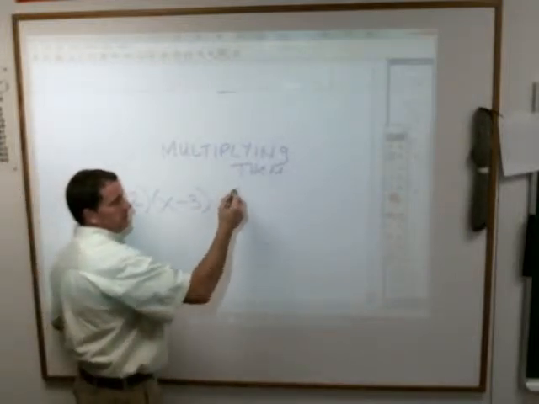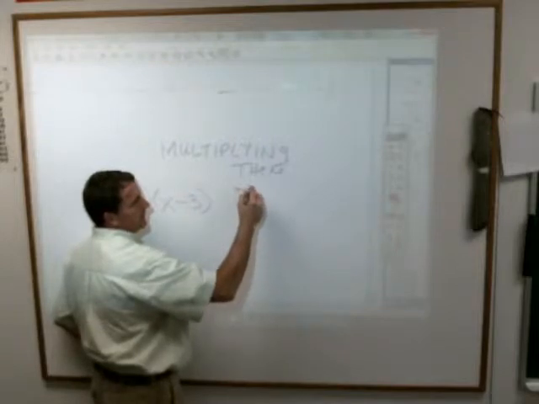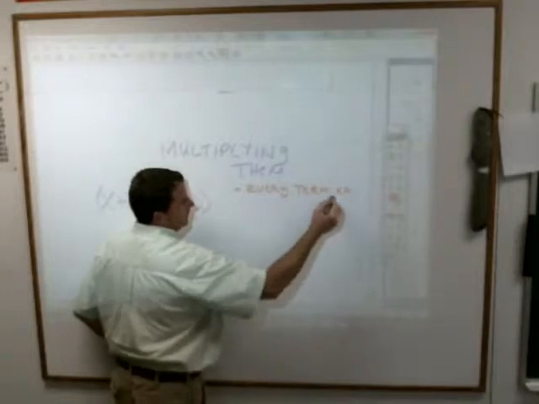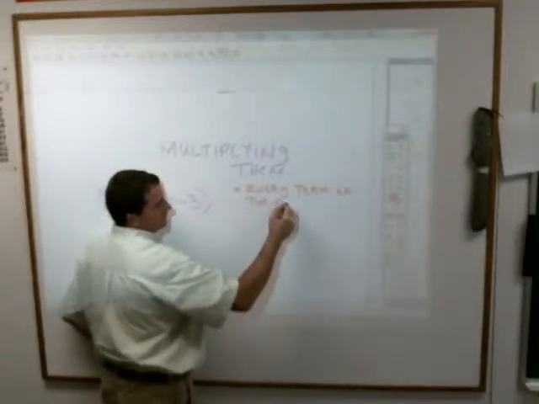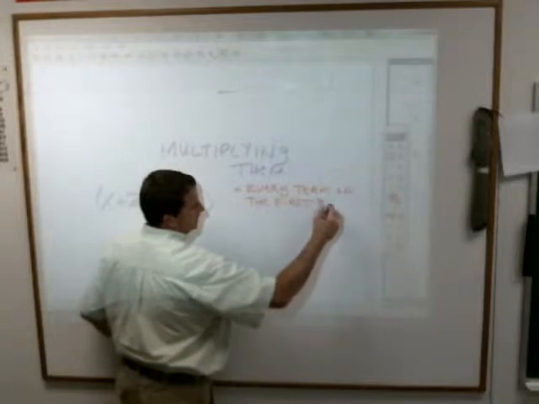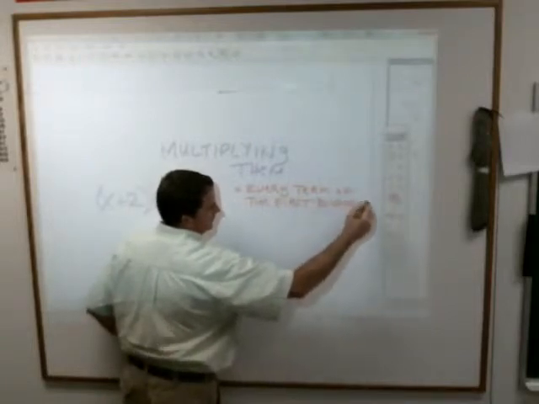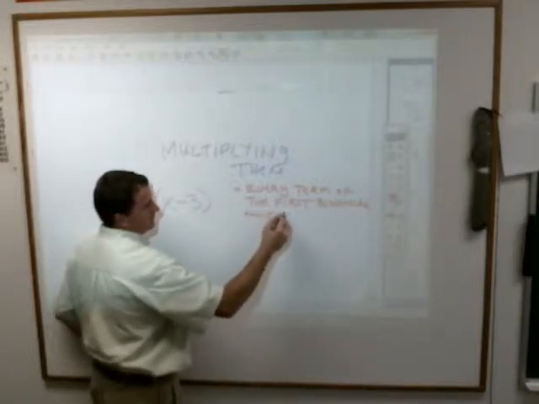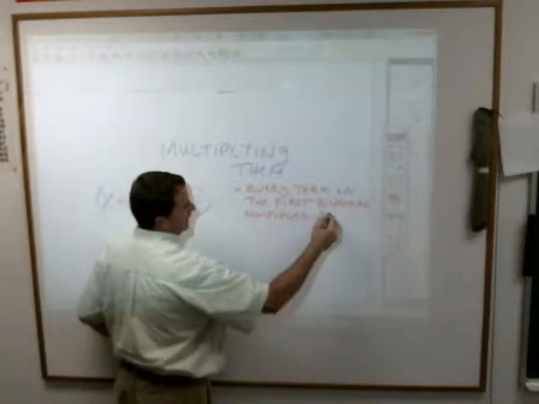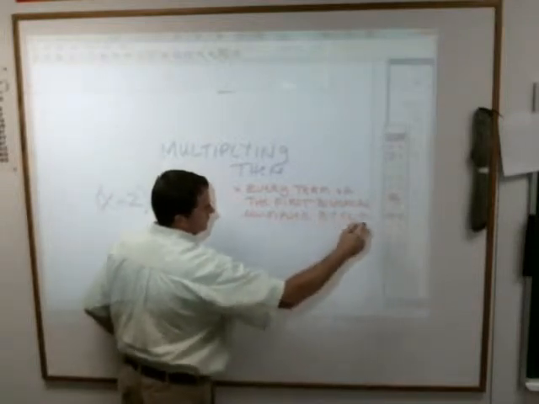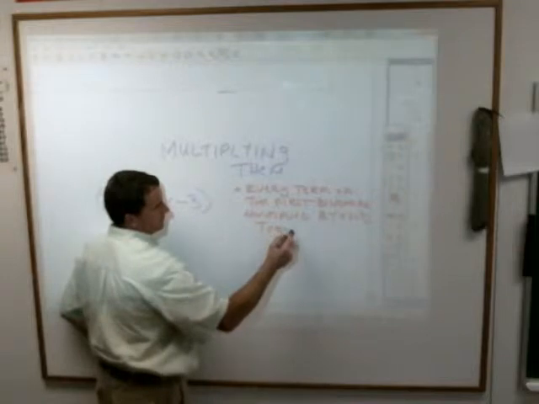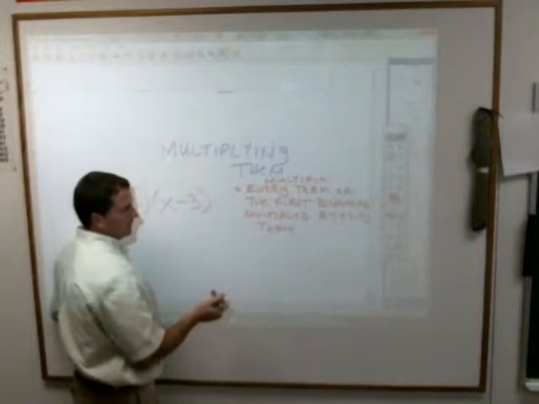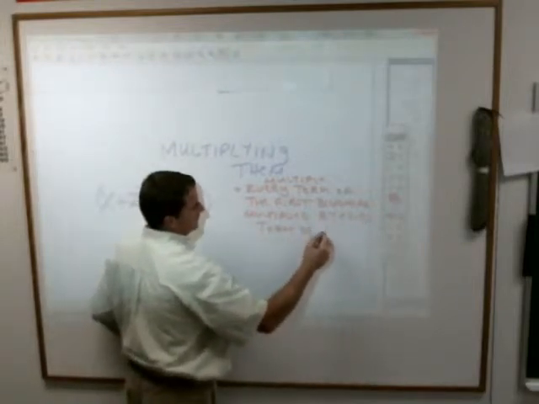Basically, all you're doing when you multiply binomials is this: you need to multiply every term of the first binomial by every term of the second.